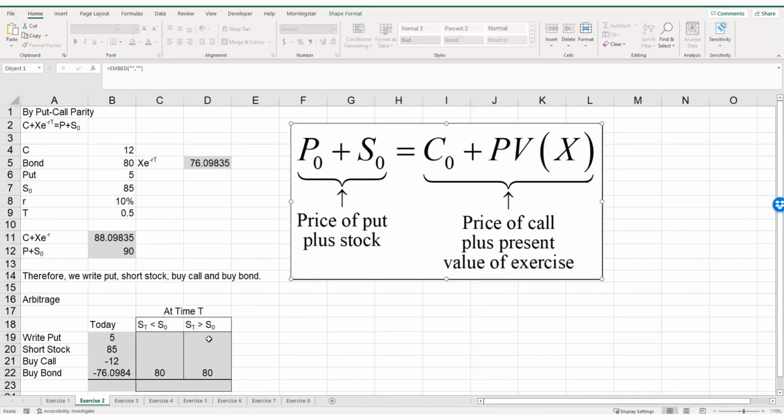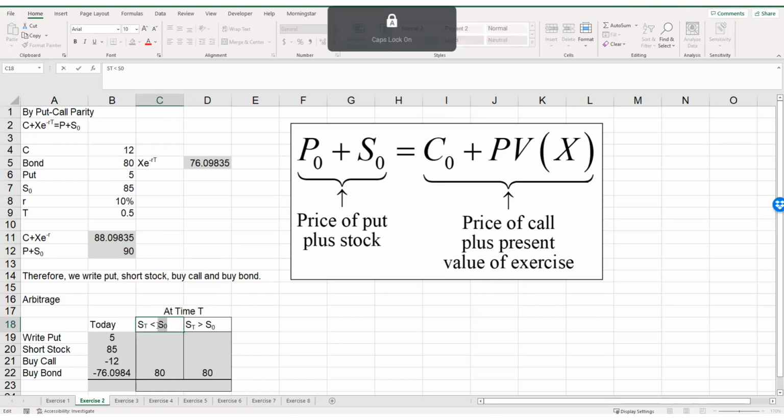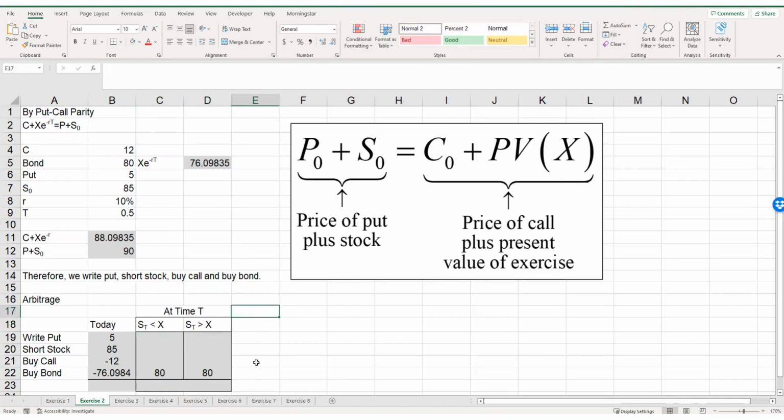For the bond, it's just your investment, so it's not going to fluctuate depending on the price of the stock. It will always be $80. Currently you'll pay $76, and in the future you'll get $80 back. So the difference will be the interest.